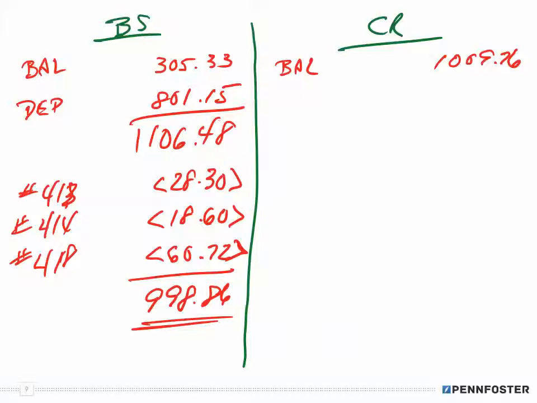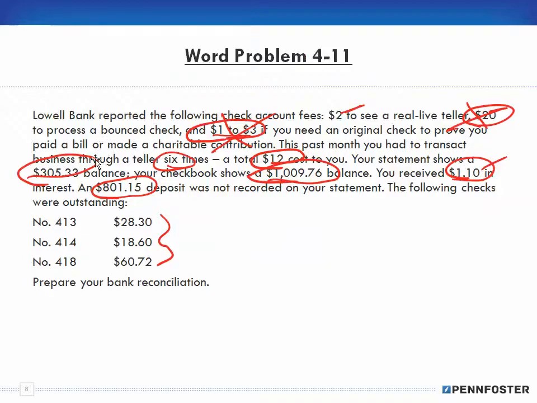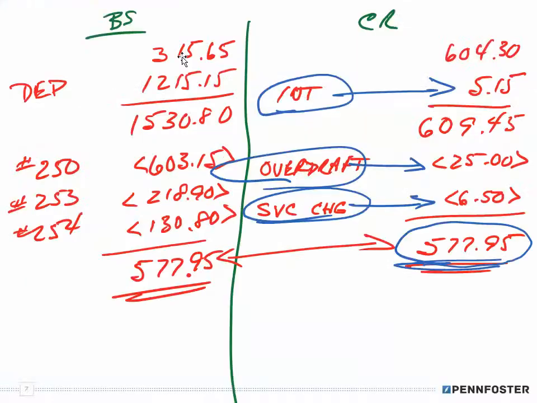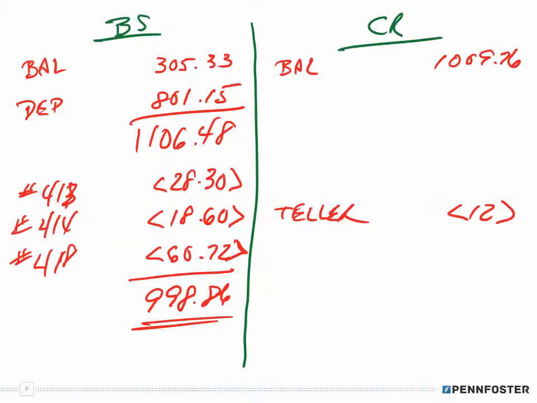And let's go over to the check register. We had the teller charge, right? That's going to be a deduction of $12. But let's see what else. Okay, I received on my bank statement $1.10 in interest. So I have to add in the interest because that's on my bank statement and not in my checkbook.